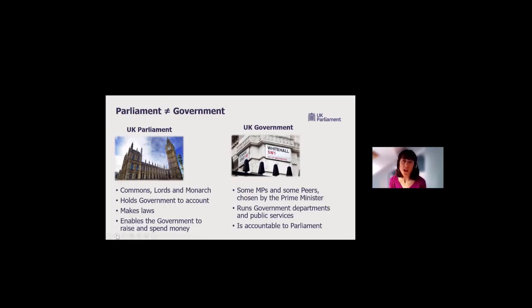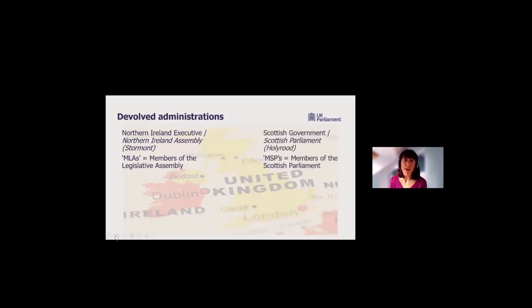Just before we stop and answer questions, I'll tell you a little bit about the devolved context, which of course we have in the UK. In Northern Ireland, we have the Northern Ireland Executive and the Northern Ireland Assembly, and sitting in that assembly are MLAs, or members of the Legislative Assembly. In Scotland, we have the Scottish Government and the Scottish Parliament, with MSPs sitting there.